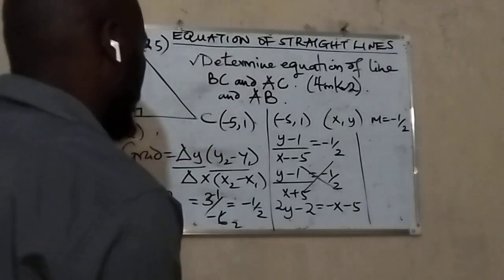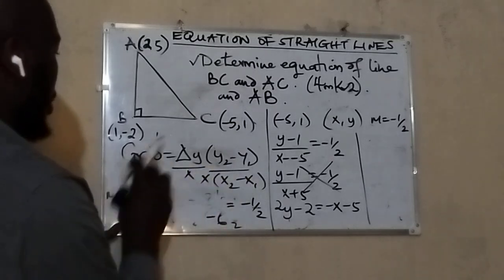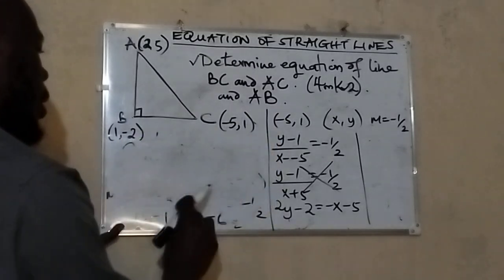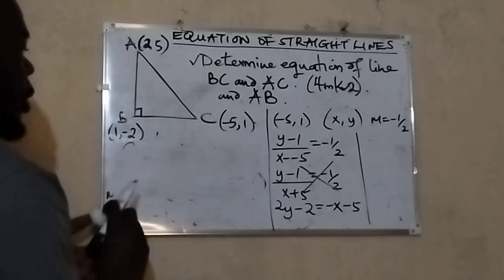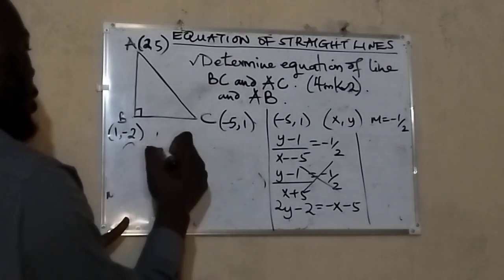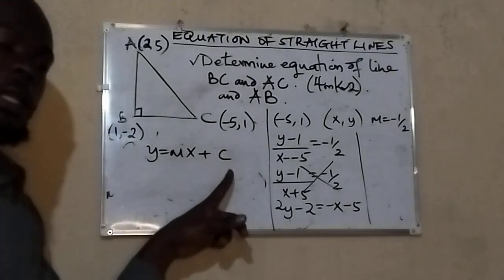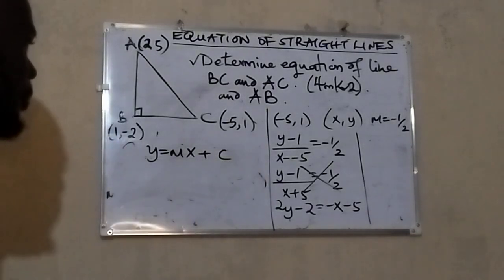Up to there, if there are like terms, put them on one side, but our main mission is to write the equation in the form y is equal to mx plus c, where c is the constant and m is the gradient.